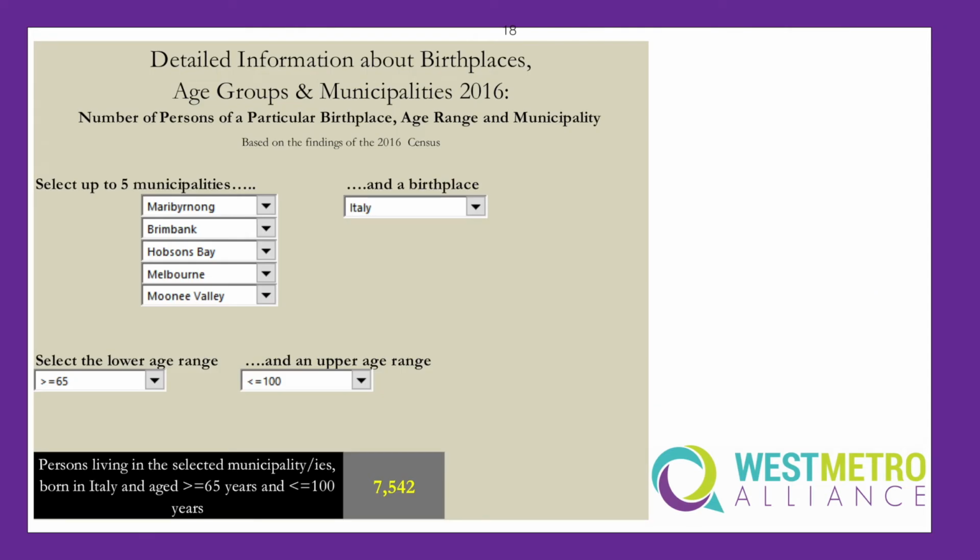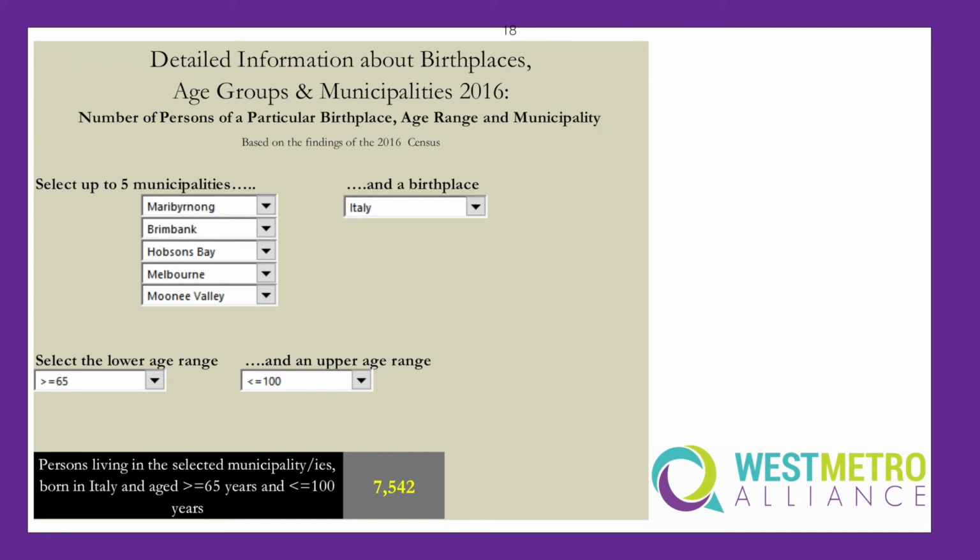This particular slide is an example of some data that I think is relevant, especially for ethno-specific organisations. If you're focusing on, say for instance, here in the West sector, there's quite a large population of Italian communities.